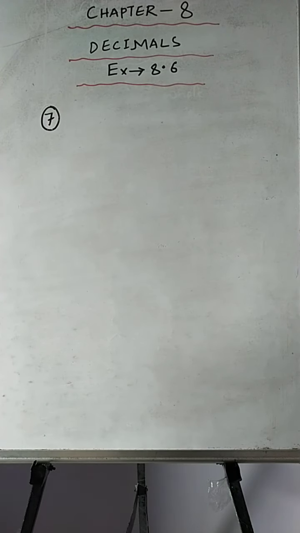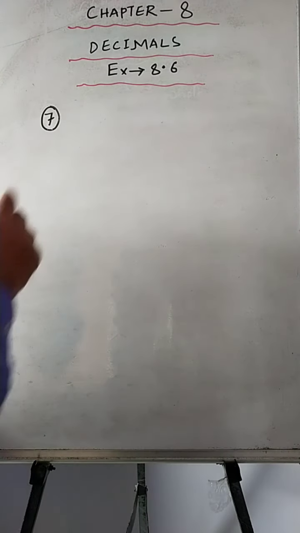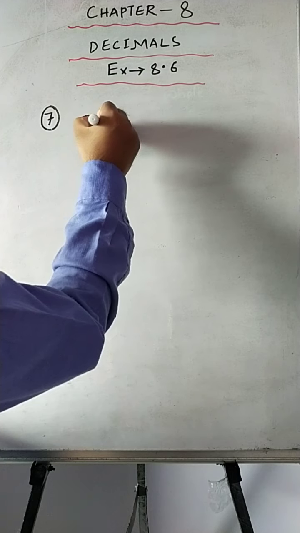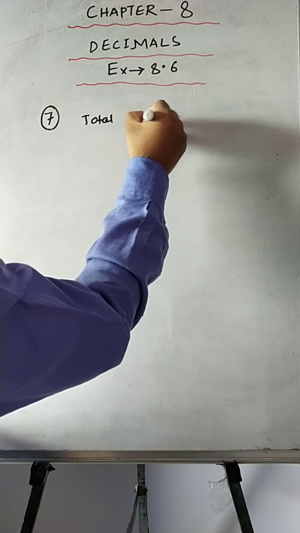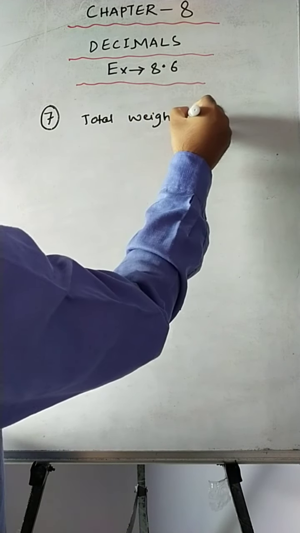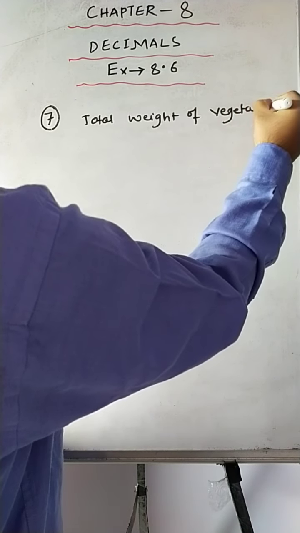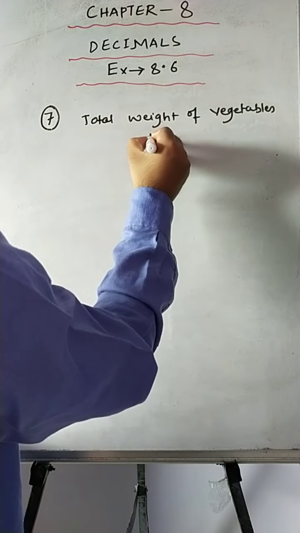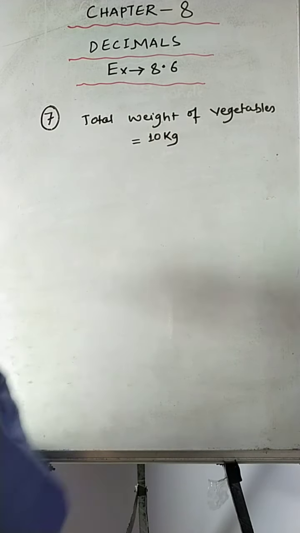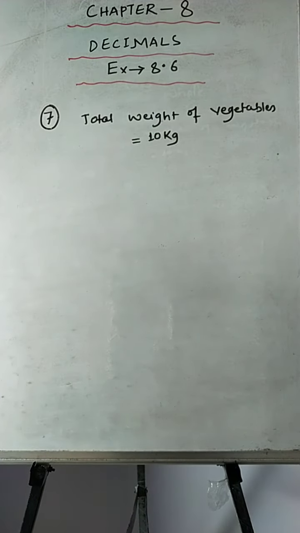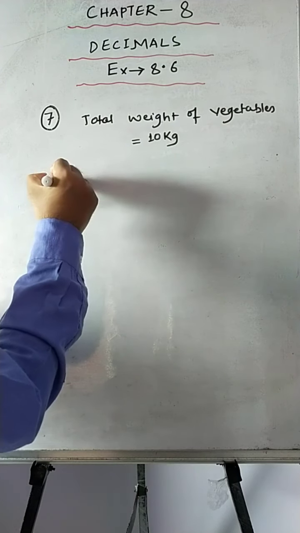Now the first thing what we have to write, total weight of vegetables, and that would be equals to what? 10 kg. Now weight of onion.